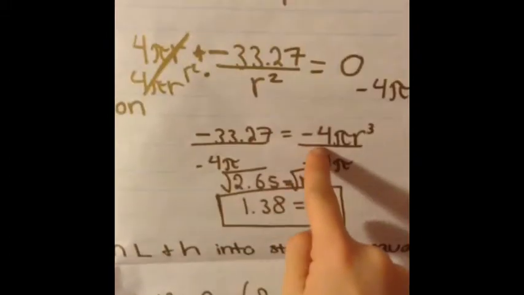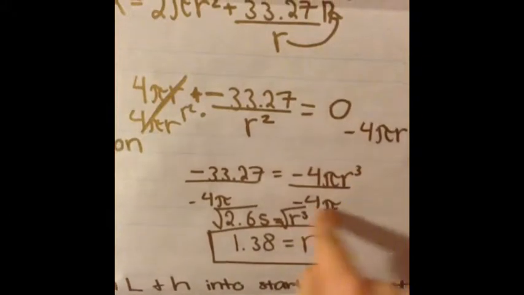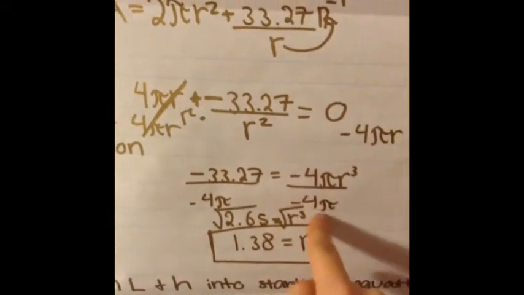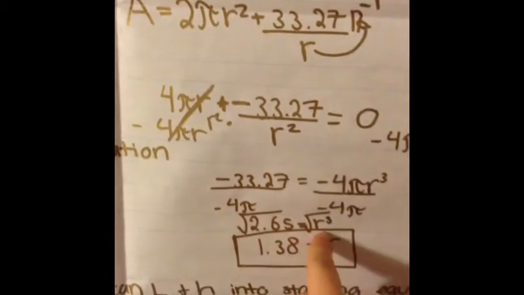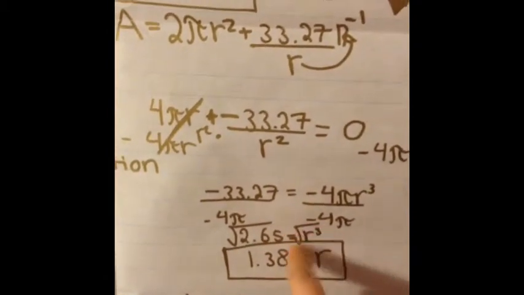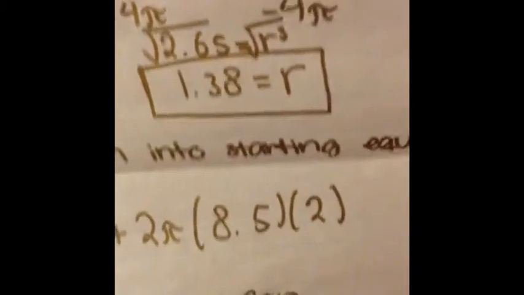So again trying to get r by itself, divide by 4 pi, you get 2.65 equals r cubed, cube root it. You're going to end up with 1.38 equals r. Now, you're not done with this. You have to plug r into your height equation.